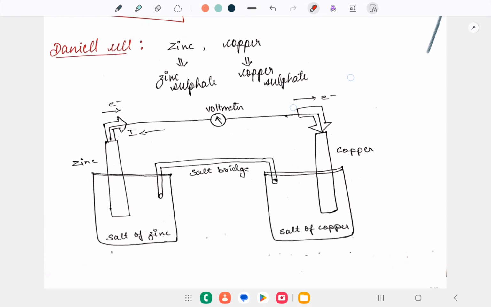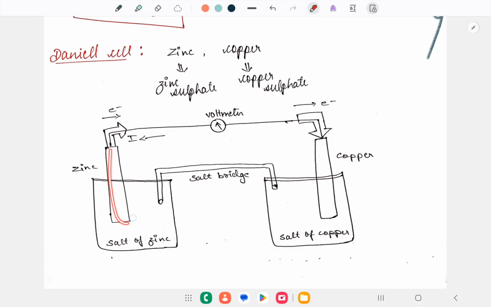Here we have the zinc electrode and the solution of a salt of zinc, and the same here for copper and the salt of copper.